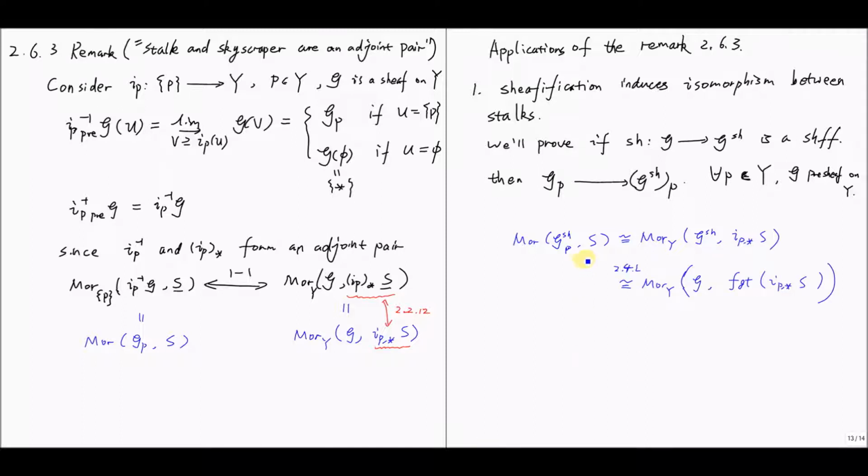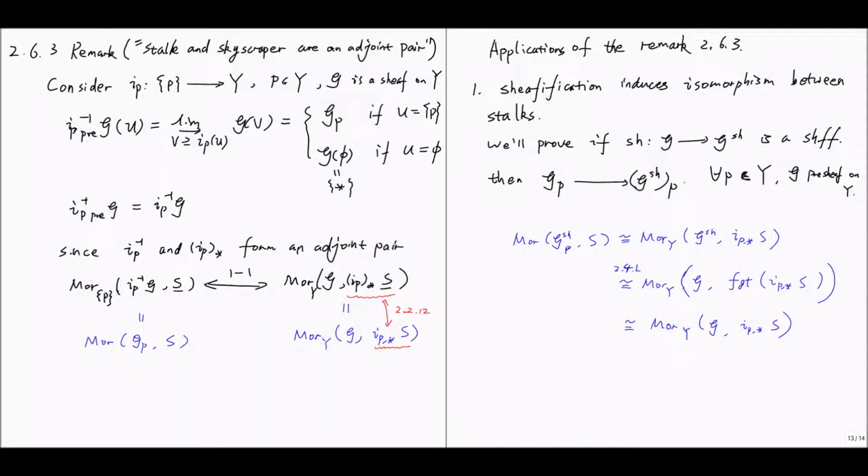This is by 2.4.L, and this forgetful functor sends the sheaf to its pre-sheaf. So, the set of maps from the stalk of the sheafification of G to S is isomorphic to the set of pre-sheaf maps from G to the skyscraper pre-sheaf.